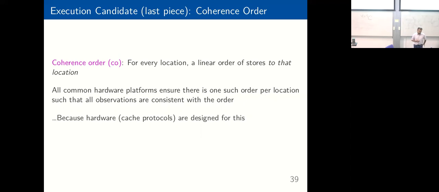And because the hardware has it, programmers on said hardware often want to take advantage of that. And because it's there, we do have such a thing. It turns out also to be convenient to define our models, many of them.